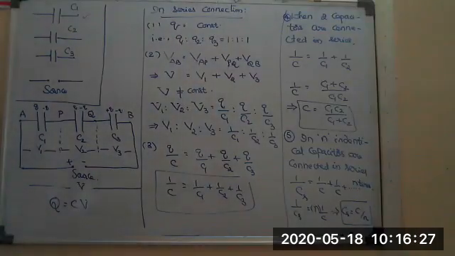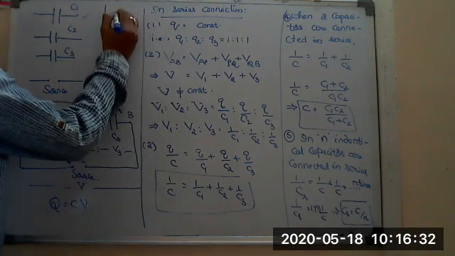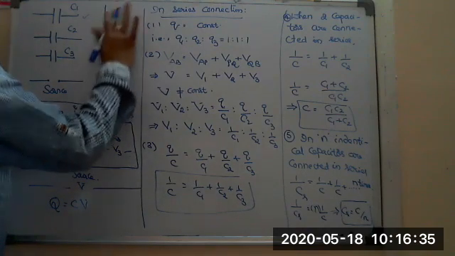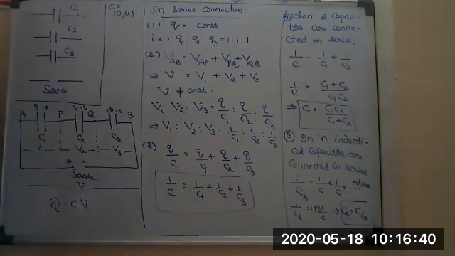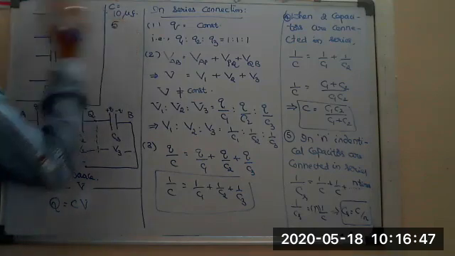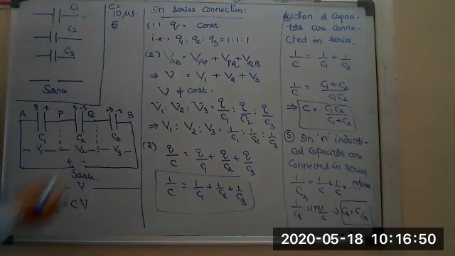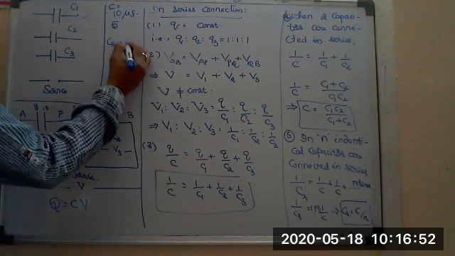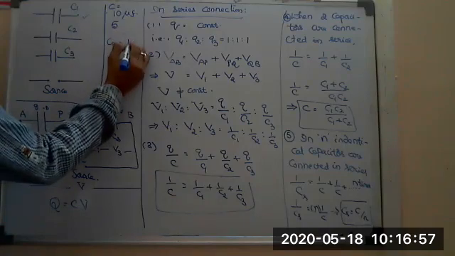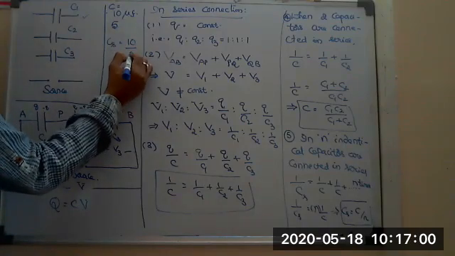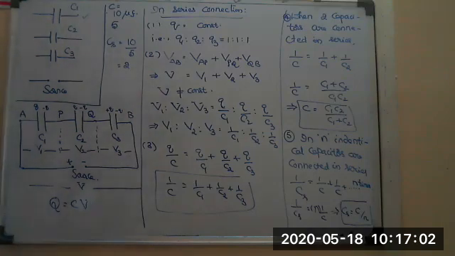Suppose I take a capacity of 10 microfarad, this is C, and 5 identical capacitors are connected in series. Then I will get effective capacity according to the formula C by n, that is 10 by the number of capacitors 5, which gives 2 microfarad.